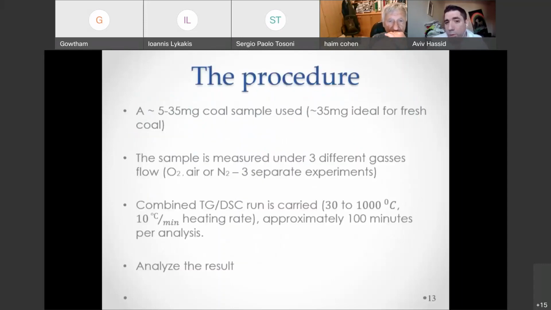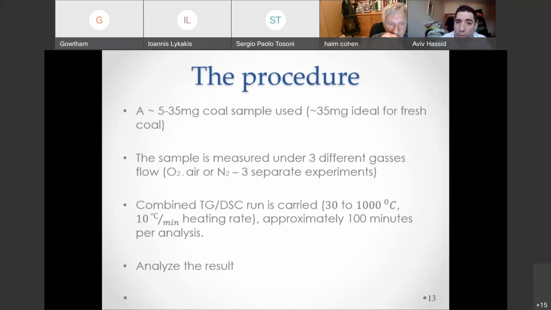Now, our procedure is quite simple. We take a sample of the coal and insert it into the TGA DSC under 3 different gases. We run the device, the TGA DSC, between 30 degrees and 1000 degrees Celsius at a 10 degrees per minute heating rate.